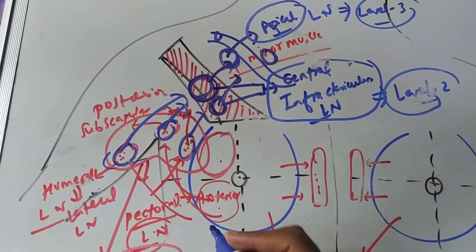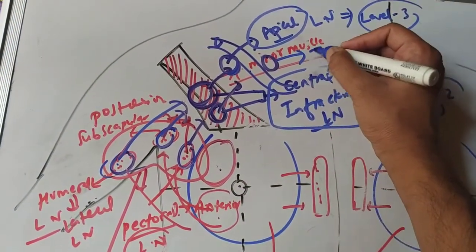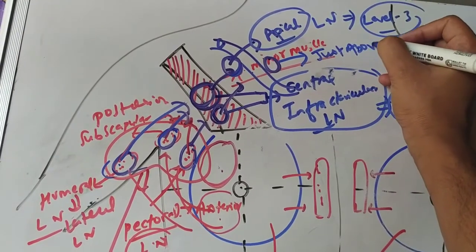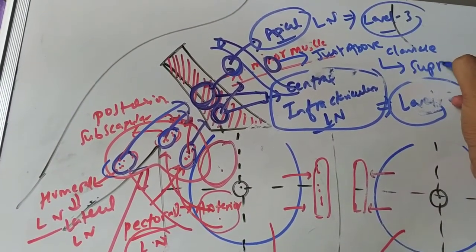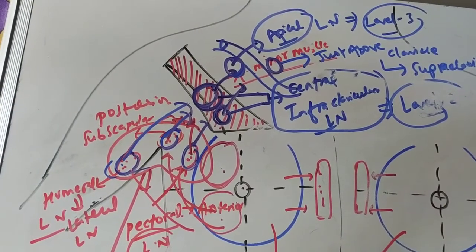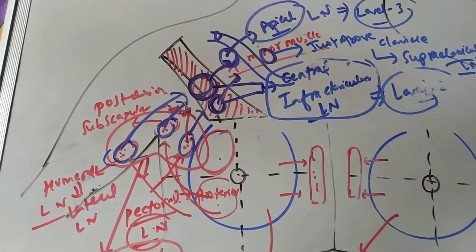And there is a fourth level that is just above the clavicle. This fourth lymph node is known as the supraclavicular lymph node, which is basically level 4.